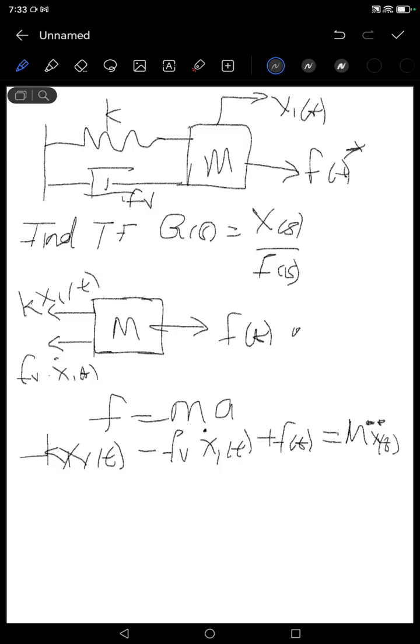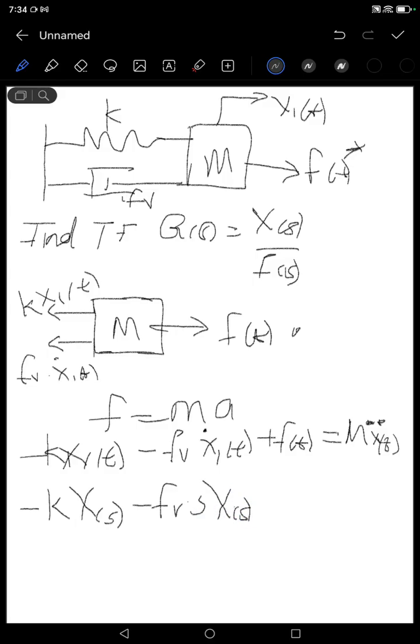After writing our equation of motion, this linear differential equation, we're going to introduce Laplace into this equation. When we introduce Laplace, remember for stiffness it's going to be negative K big X of s, minus Fv. Remember, for velocity it's going to be multiplied by s, so s multiplied by big X of s.